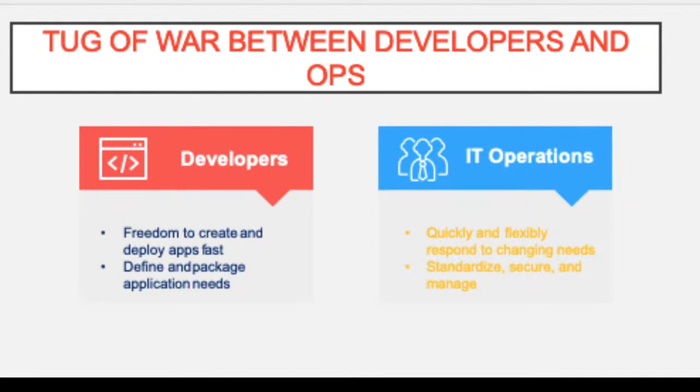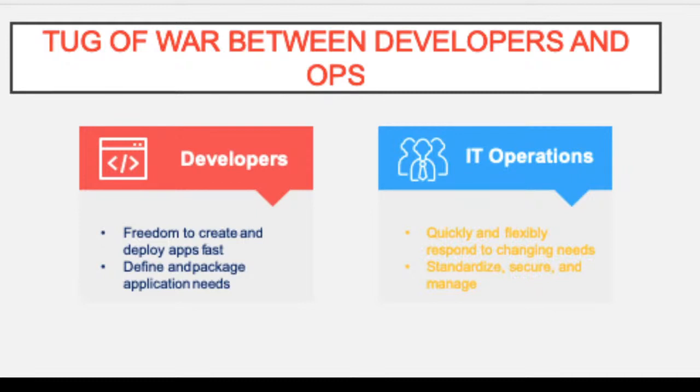So there is always a tug of war between the developers and the operations team. If you look at developers, developers definitely have the freedom to create and deploy applications faster, and they will probably define and package the application needs.